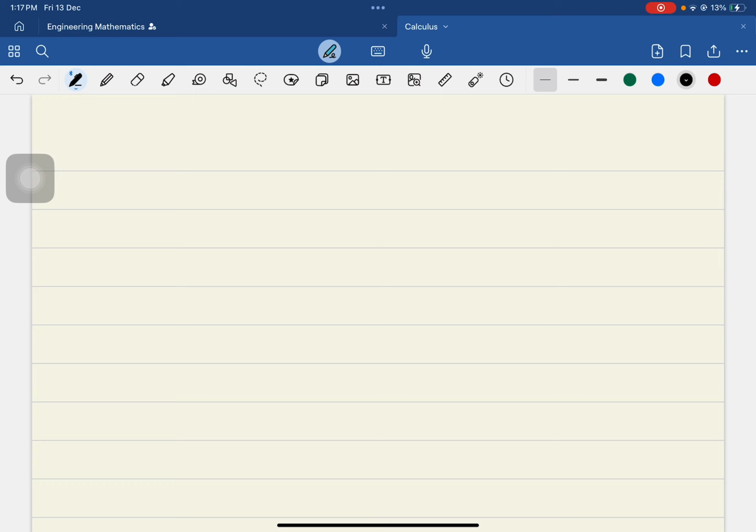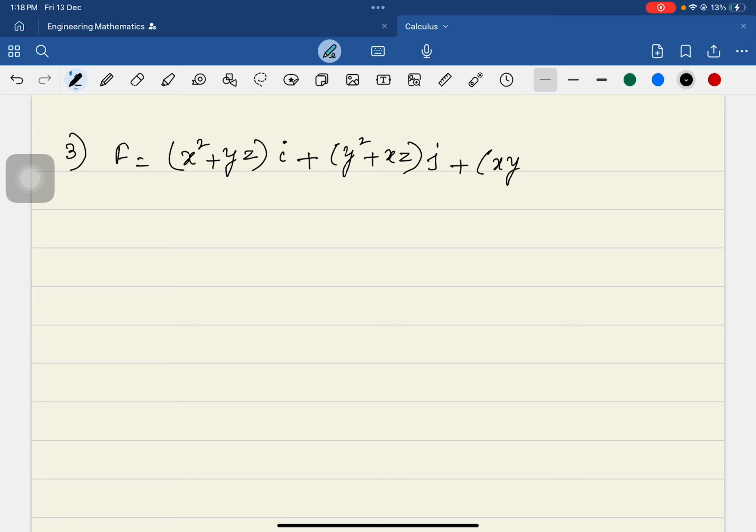Now let us do one more problem to find out the curl. Let us do the calculation properly, and just take the third problem: f is equal to x square plus yz i, and then y square plus xz j, plus xy plus z square k.